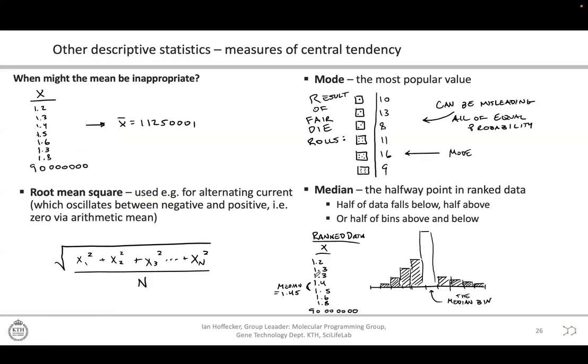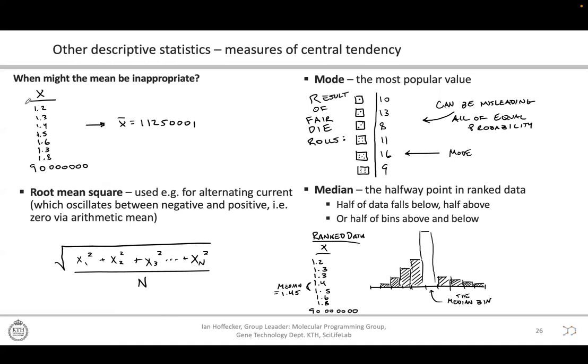In addition to the arithmetic mean, we have other ways to describe data using a single number. These are often known as measures of central tendency. We have these in many cases because the mean is not a perfect descriptor, and there are a lot of situations where the mean might be misleading.